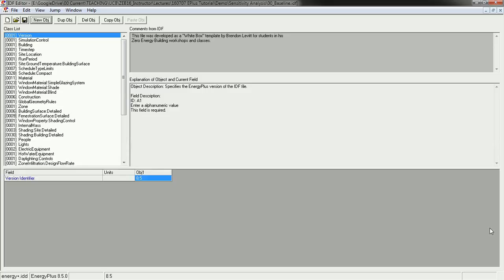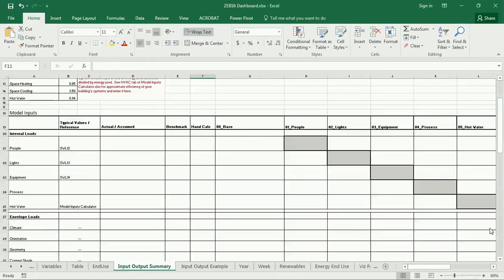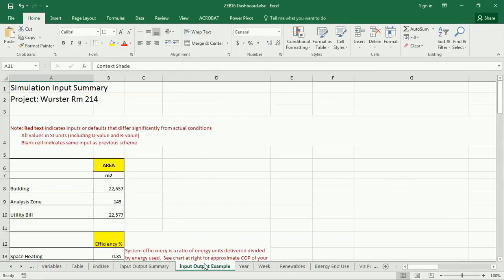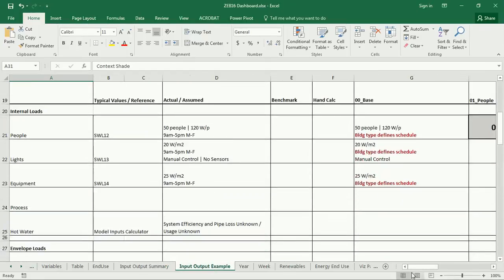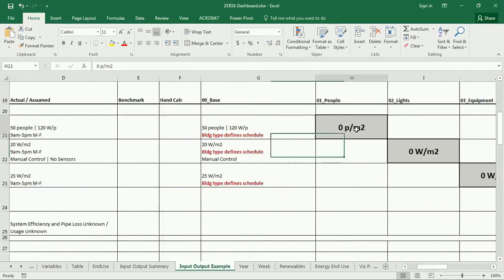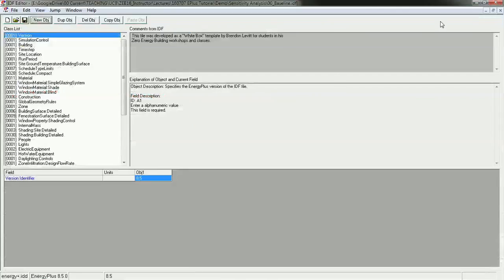So the first run that you're going to do here is called people. What you want to do is take all the people out of your zone. Actually, I'm going to show you my example file here. If you've only got 1 or 2 people in your zone, then you might want to put more people in your zone to see how the model will change.